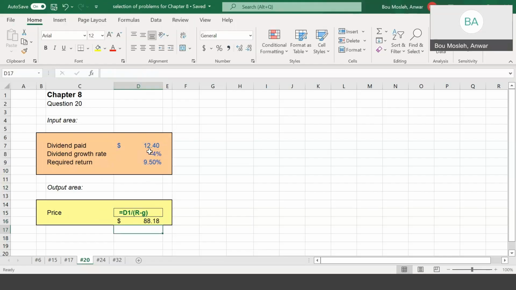And that would give me 88.18 as the price of that stock. So we got D1 by taking D0, growing it by negative 4%, so it goes down, and then divide by 9.5 minus negative 4, so plus 4, over 13.5, which gives this value. So it could be negative growth.